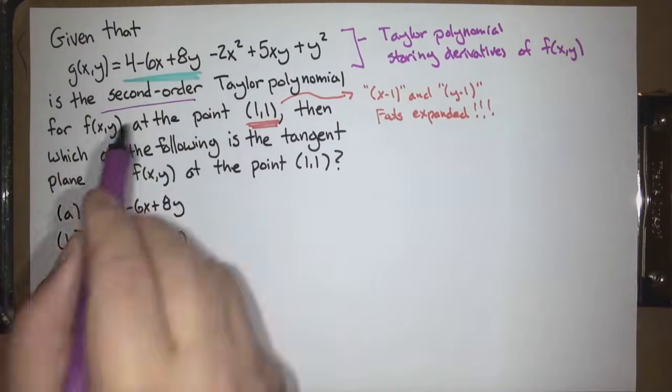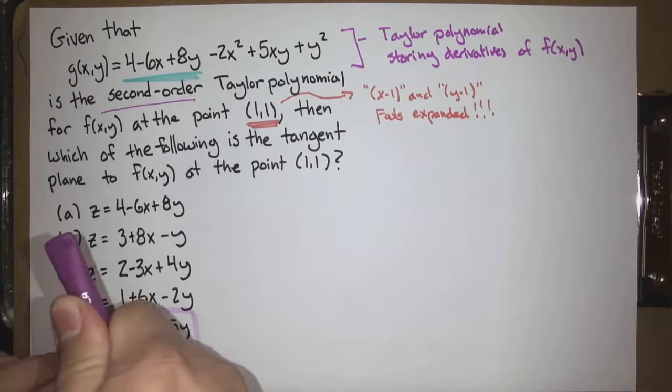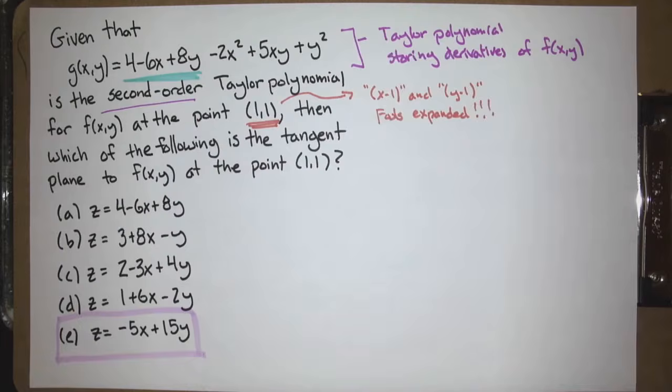And how do we know it matches up to the second order derivatives? Because it says it. So if I know what the tangent plane to g is, what information do I need to make a tangent plane? Value of the function. What else?